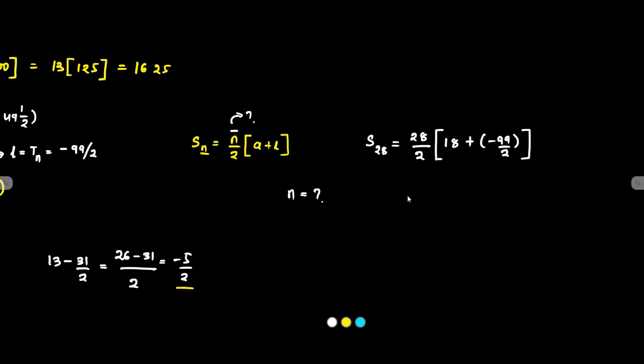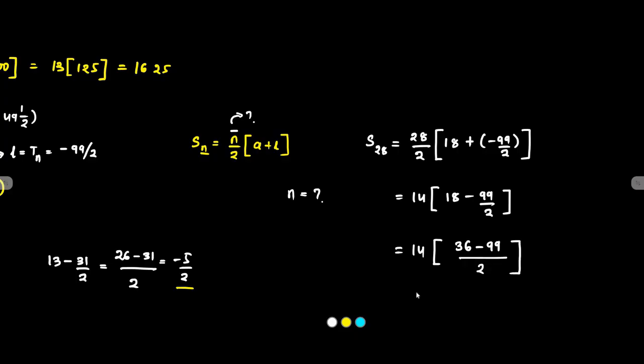So it is equal to 14 into 18 minus 99 by 2. This is equal to 14 into 36 minus 99 by 2.